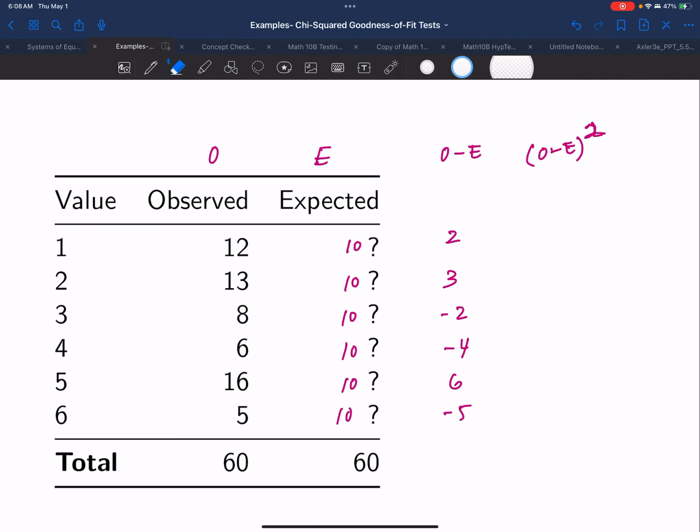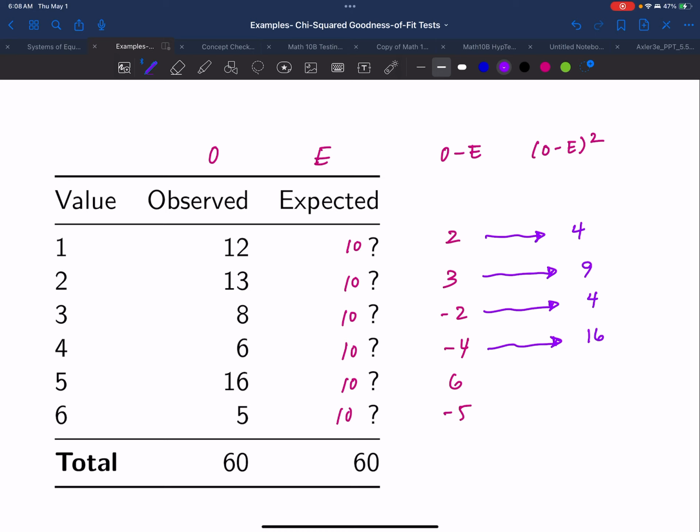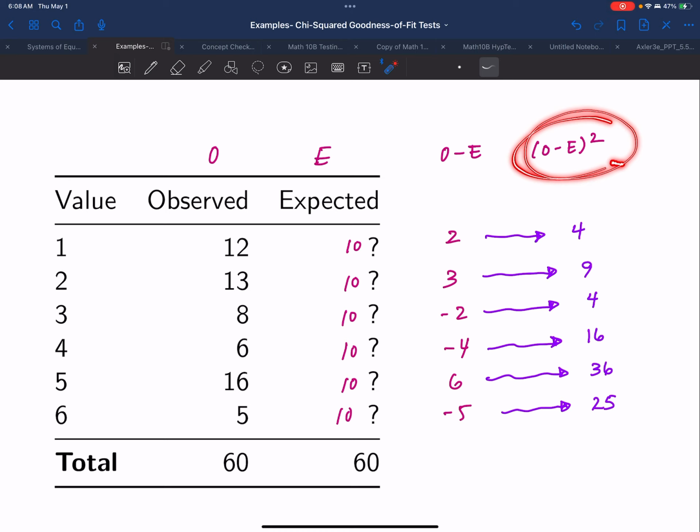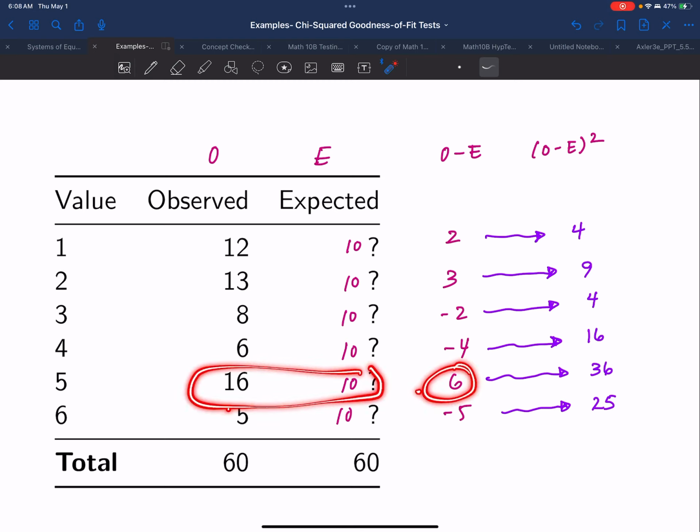So O minus E squared will be 4, 9, 4, 16, 36. Remember, we were talking about how squaring minimizes small differences, and it dramatizes or maximizes large differences. So this difference of 6 now turns into 36.